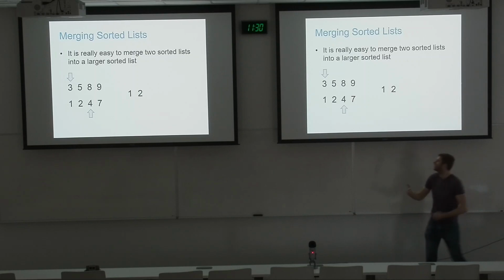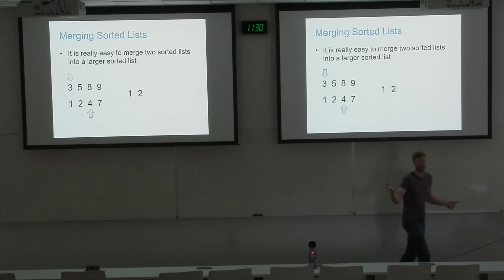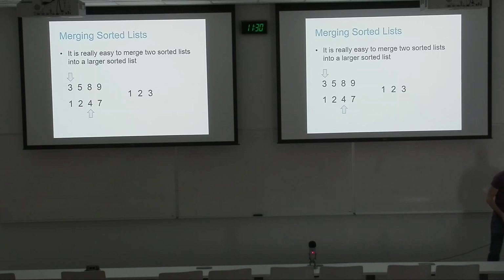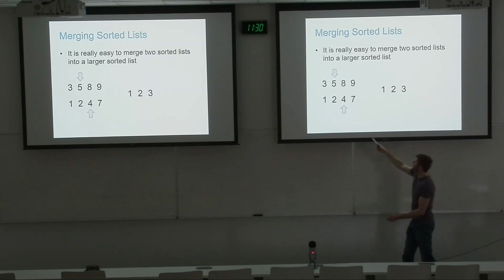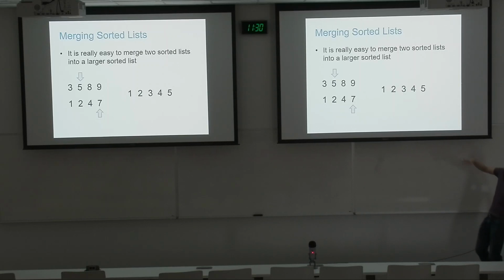Of course, when you implement this, if these are arrays, those arrows are going to be indices. So we have the 3, move the arrow down, compare the 4 and the 5. Of course, 4 is smaller, so we add it, move it down. There we go. Compare the 5 and the 7. Well, 5 is smaller, move it down.